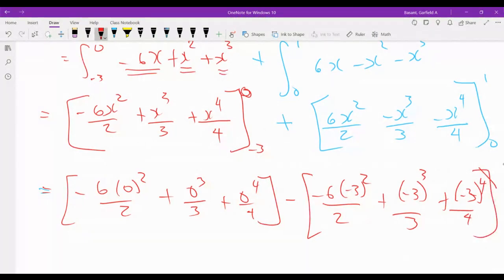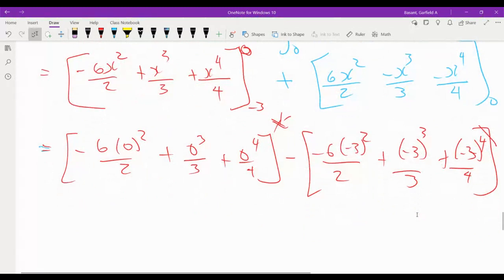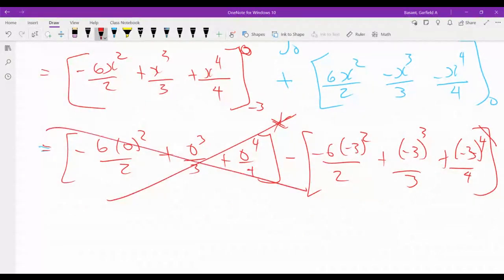And that's just for the red part. Then you have to do the blue part, plug in the 1 and the 0, right? And then you have to combine it all together. So at this stage, it's just plugging stuff into your calculator and evaluating it. Truly, a lot goes away because this is just a bunch of zeros.